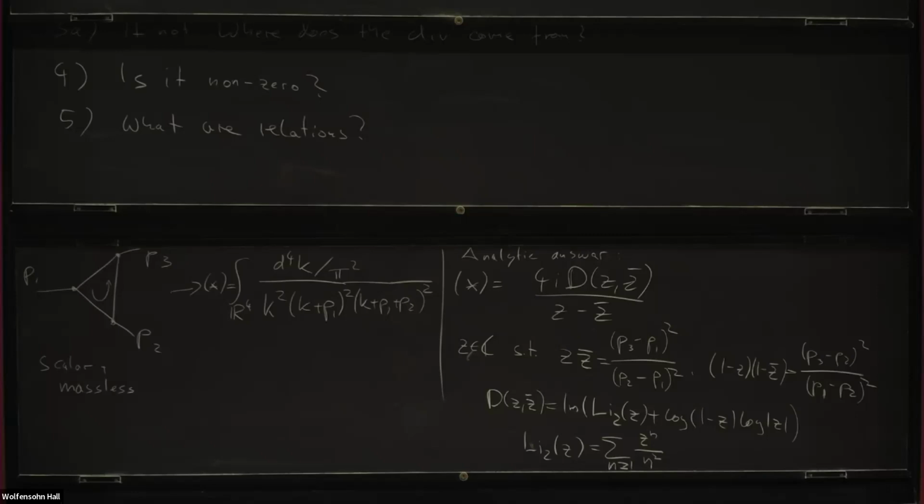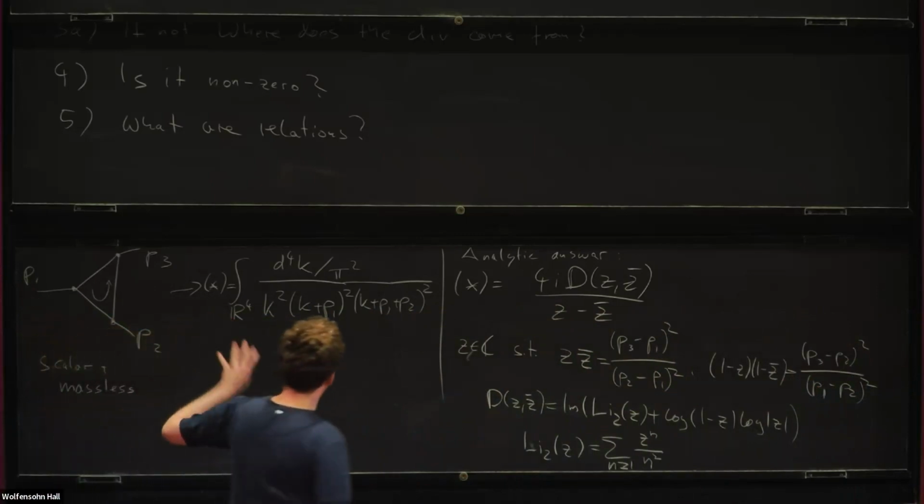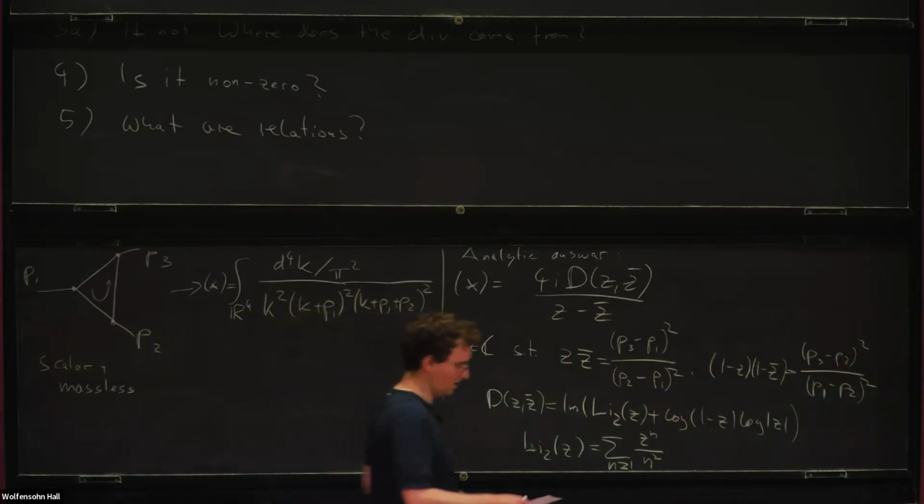Just to mention it, in these kinds of computations, especially on the phase-space side, there's so much computational energy going in. 10 million CPU hours are not an unseen quantity for the computer time that it takes to evaluate these kinds of integrals.